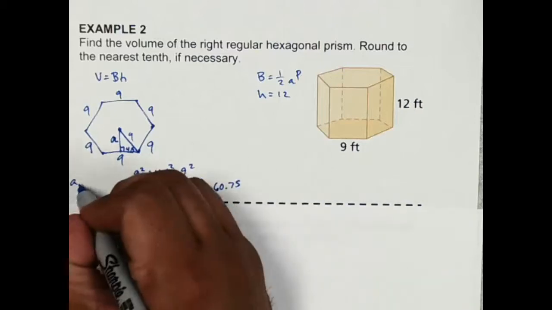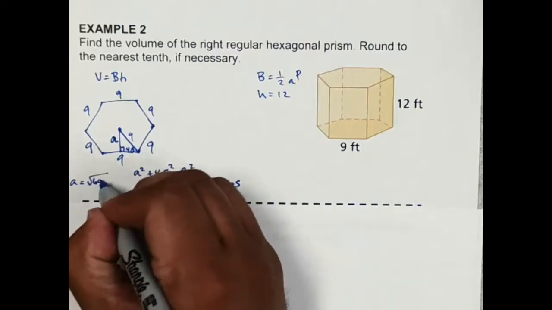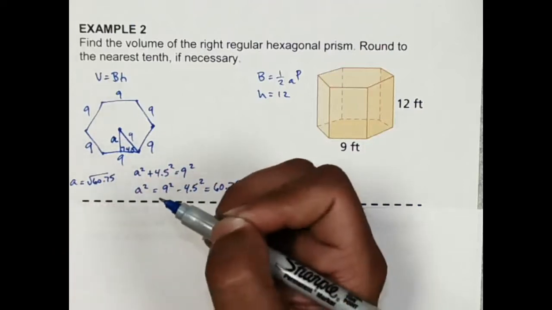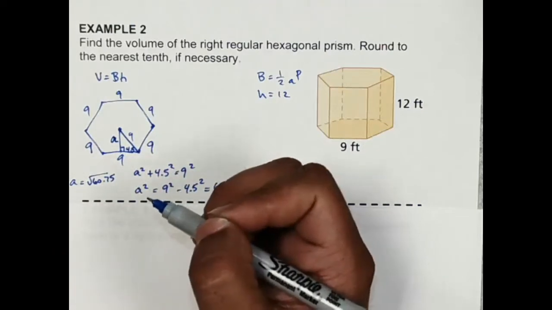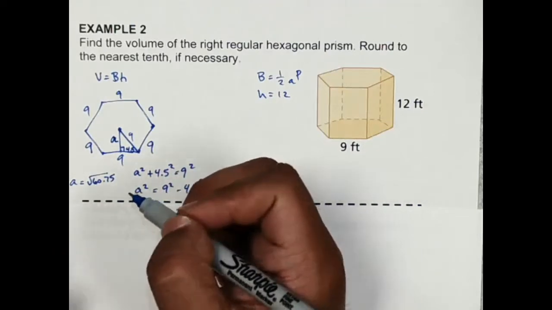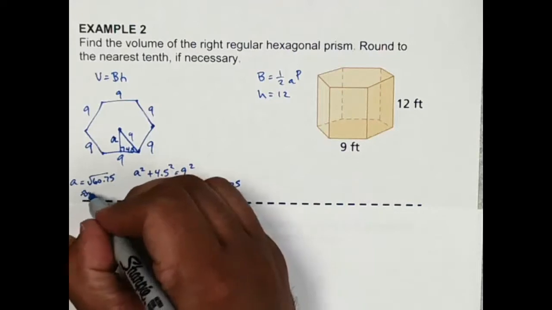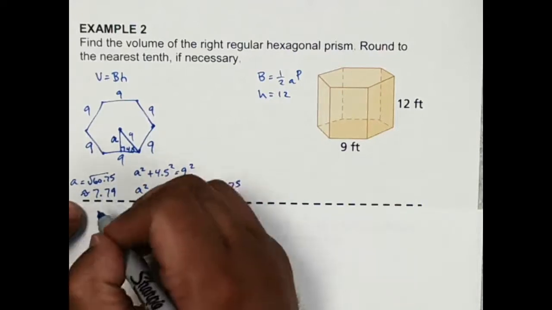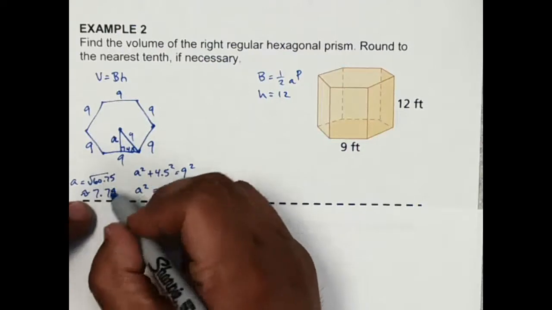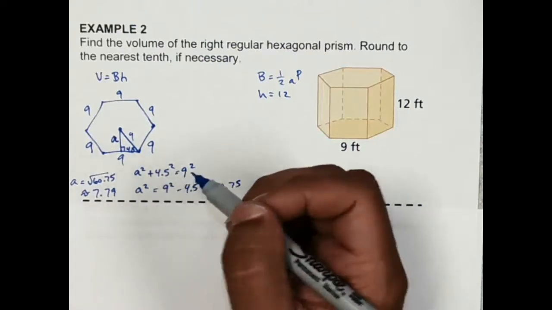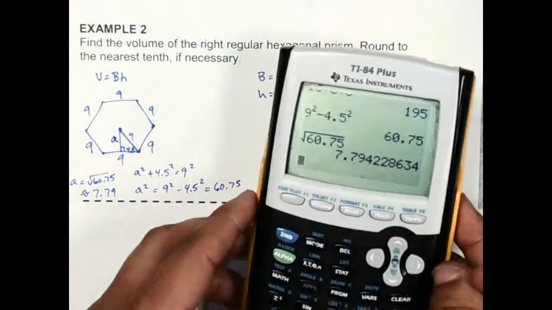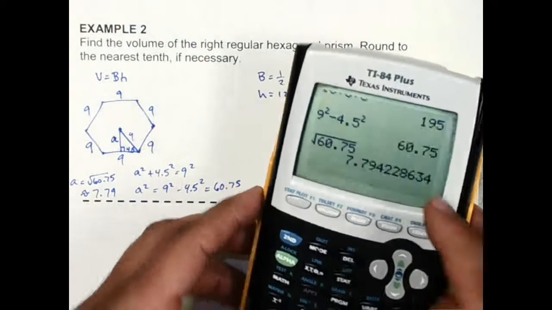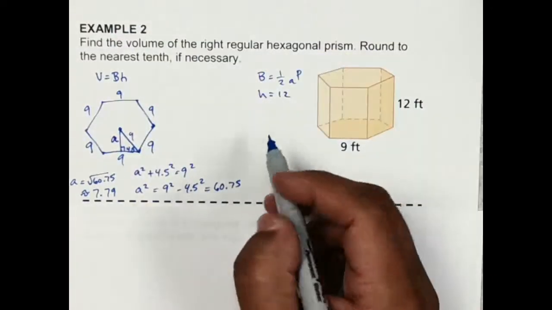Taking the square root of that, A is equal to the square root of 60.75, which comes out to be about 7.79. I'm rounding it for notes purposes, but on my calculator I'm not going to round it. I'm going to leave that as part of my calculations.